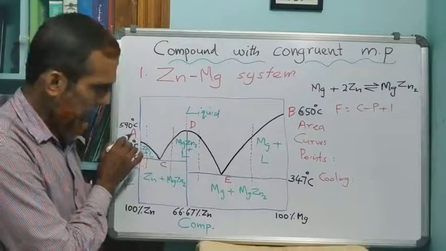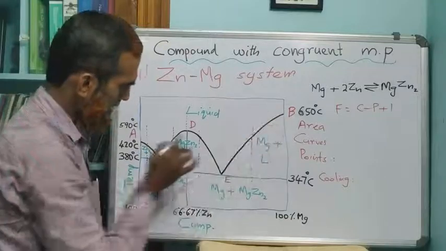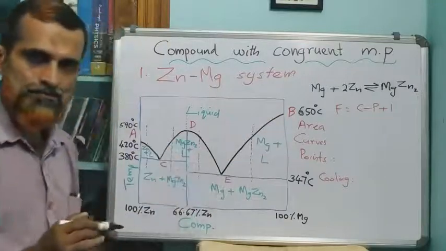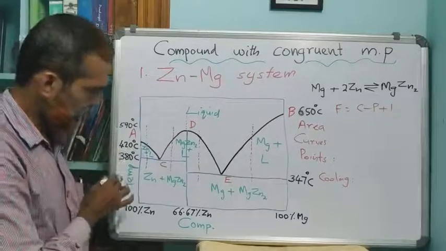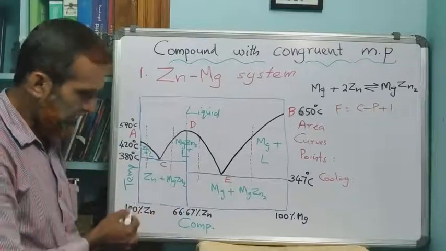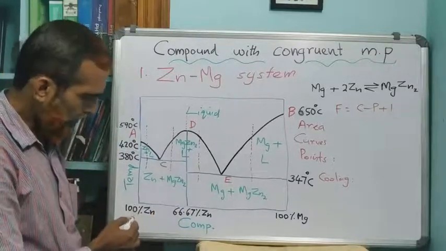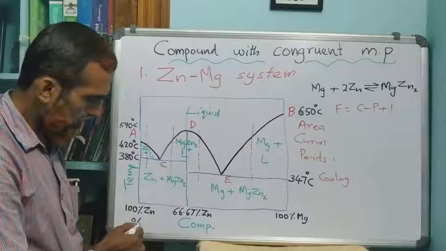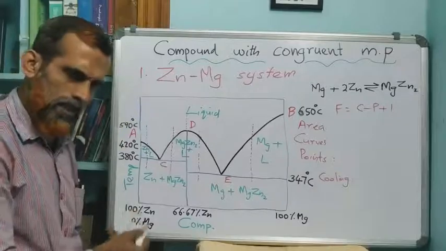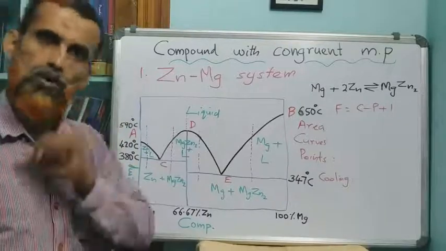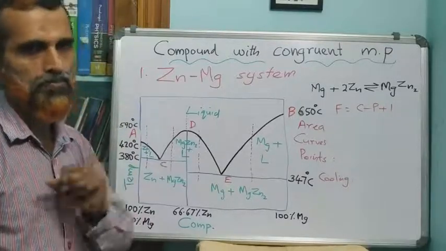The points are A, B, C, D and E. What is point A? You know, temperature is plotted against composition. Here it is 100% zinc, so 0% magnesium. It is understood. This can also be expressed in terms of mole fraction. Some people follow that.